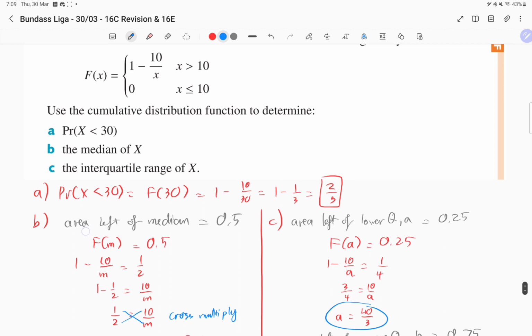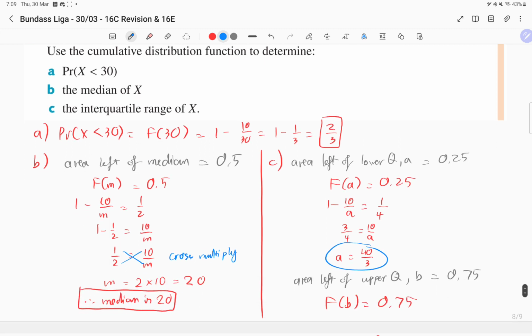So you sub A into big F of x and the answer should be 0.25, which is 1 over 4. I minused the 1 from both sides, so I made it negative 10 over A equal to negative 0.75, because you're minusing 1. Which is 13.33, but you keep it as a fraction, so 40 over 3.